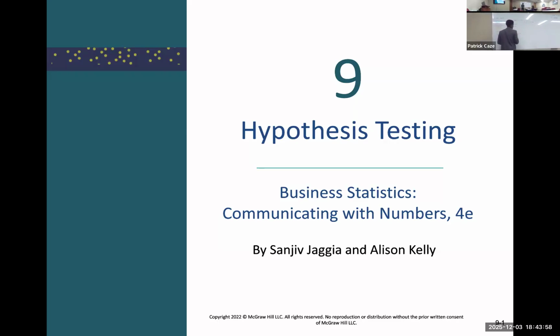But I don't think it's equal to 12. I think it's less than that, or I just think it's different. So I write my HA, A is for alternative, mu is not equal to 12.